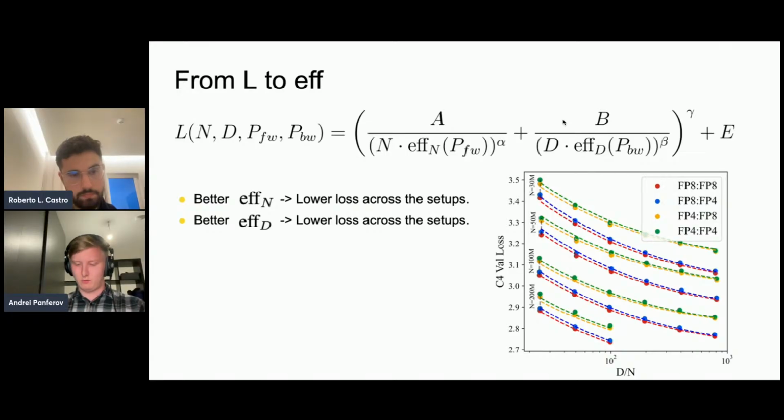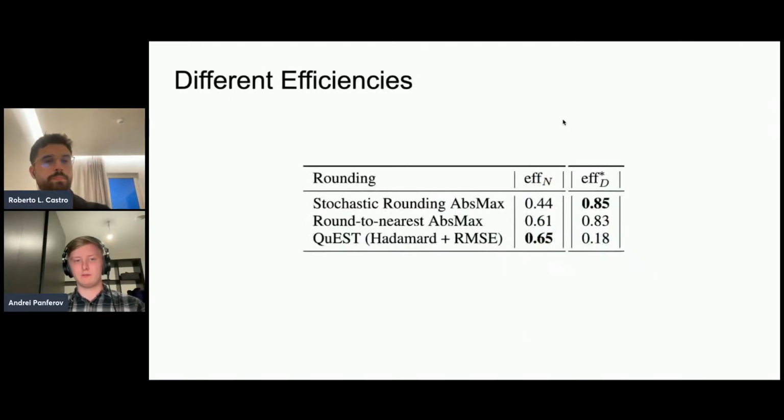What we can say even further is that methods that run in the same precision usually have either identical or very similar compute budget, because they utilize the same data types and very similar kernels. Meaning that if we want to design a method which is the best for a fixed precision, we can use those effectiveness factors directly to compare methods. And this is what we did in our papers.